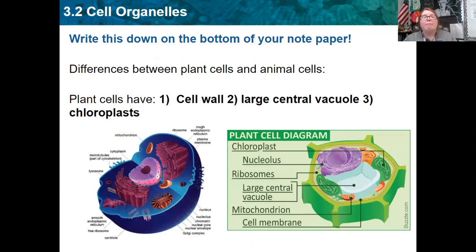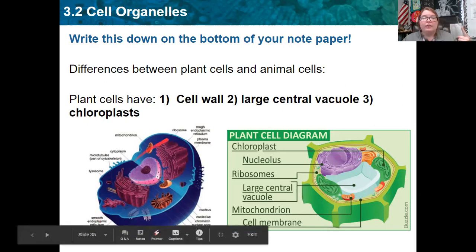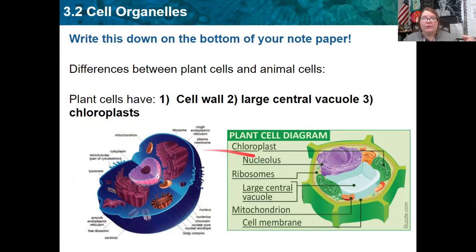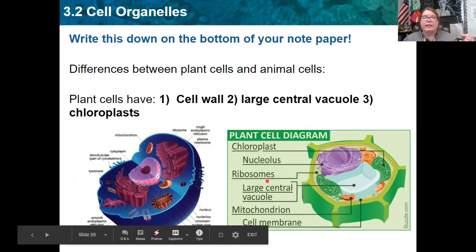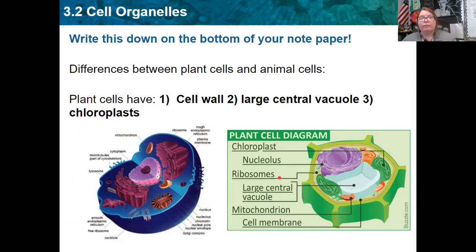So the three main differences between plant cells and animal cells, how we're going to tell them apart. Plant cells have a cell wall, okay? So the cell diagrams you're gonna see, these round blobby ones, those are animal cells. These ones with the hard sides like this, those are plant cells. They're usually more angular, okay?